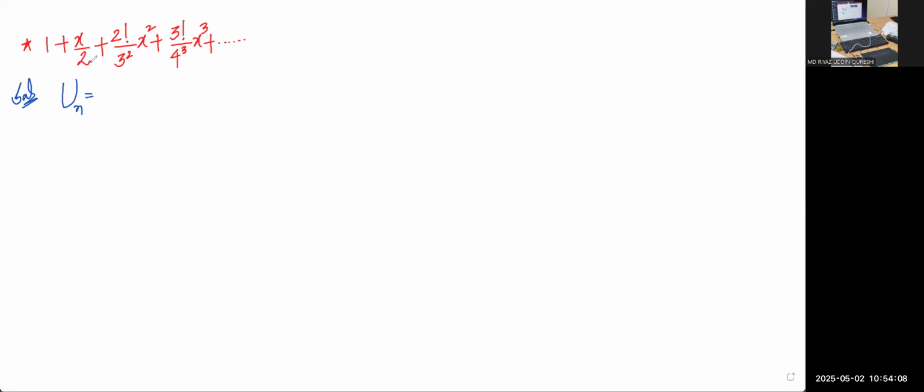Here I'll only consider n factorial, because our nth term will start from n equals 1 to infinity. That is why we must neglect the first term.